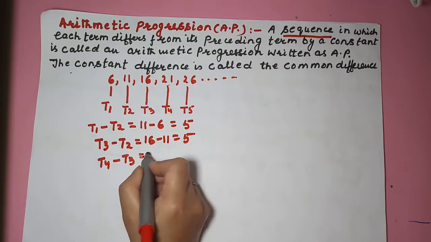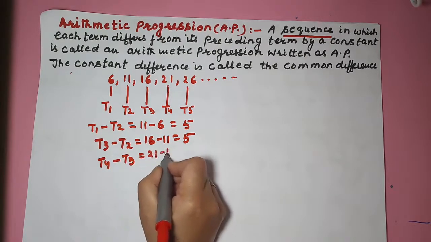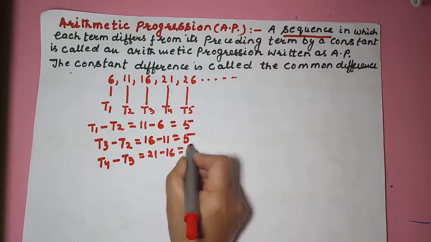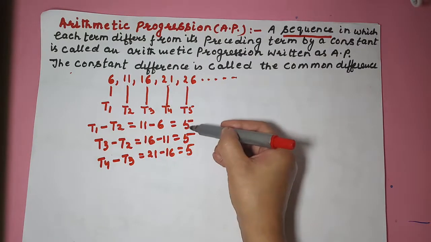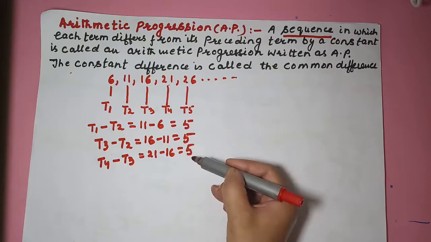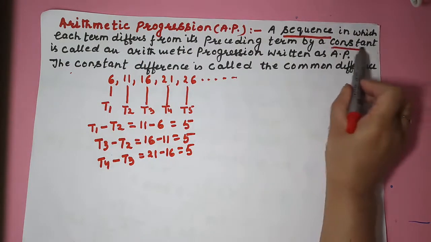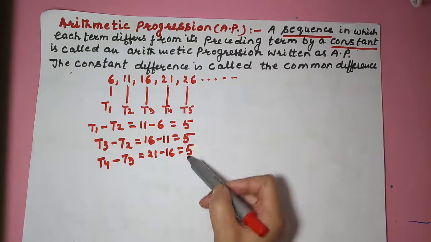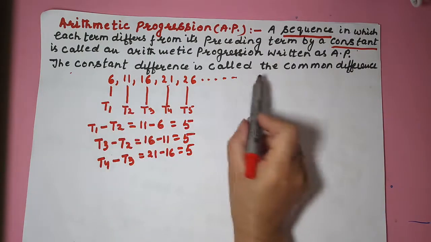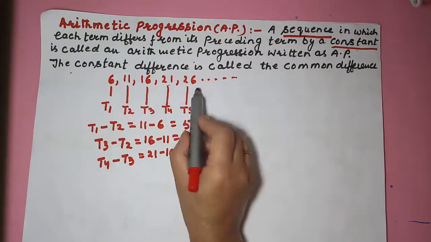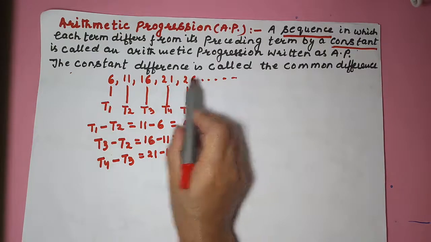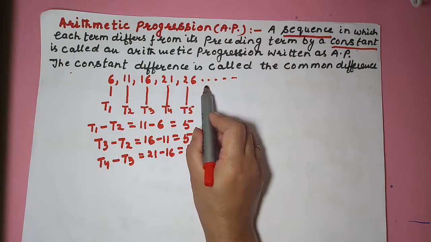How much is that? 21 minus 16 equal to 5. Now you see that each term differs from its preceding term by a constant. Here, what is that constant? 5. This is called an arithmetic progression. So we have confirmed that this is an arithmetic progression, right?